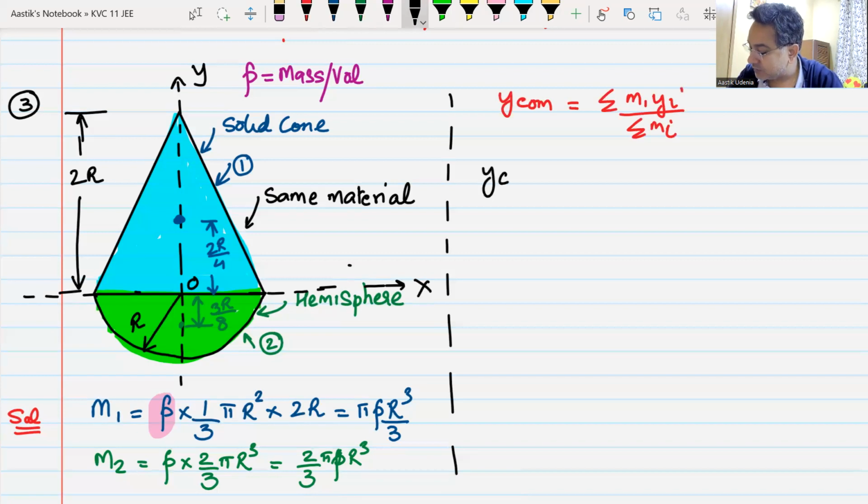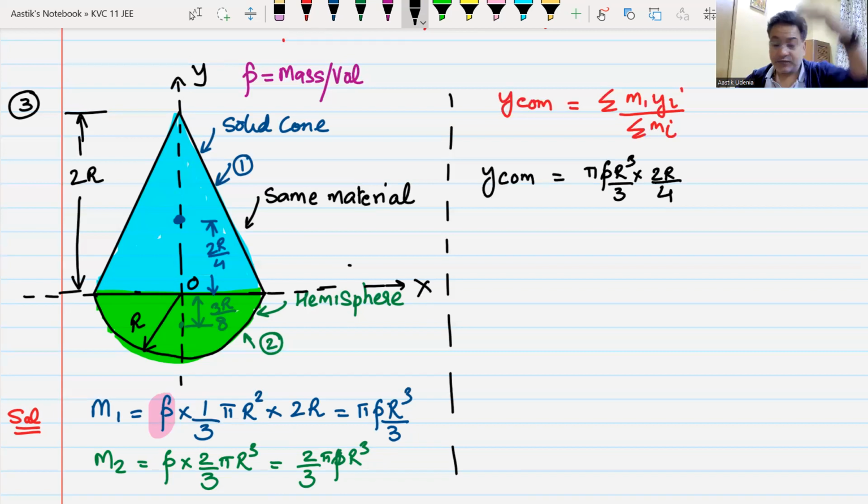So the y position of center of mass: m1 is rho pi r cube by 3 multiplied by 2r by 4, that is on the positive side, but the hemisphere's mass is on the negative side, so its y coordinate is negative.